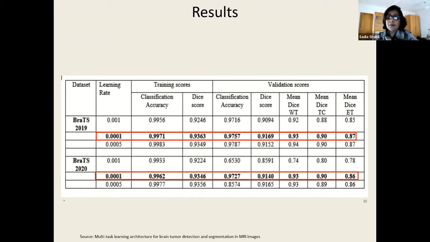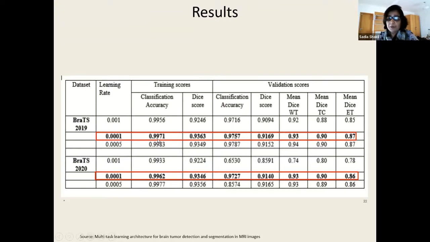The reason is that in the case of AI, we tune a lot of parameters and we keep on training and testing and keep on obtaining these scores, accuracy and DICE scores, and other measures for other kinds of problems. And we report the things that are giving us the maximum or the best performance. So in this case, you can see I have highlighted something in red, which is for BRATS 2019.